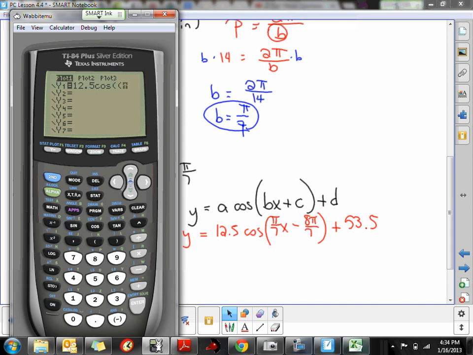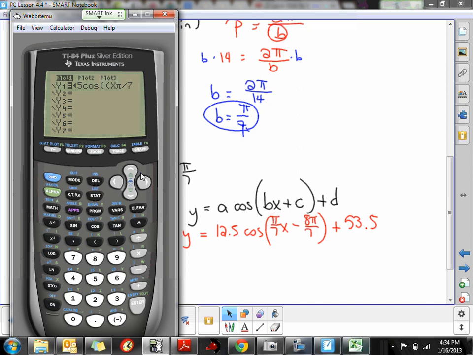I can't see it. Pi, I think that's it. 7, so divided by 7. X, so times x. I think I'm going to put that x in with the pi, so I'm going to go second, insert, x. So that's pi times x divided by 7, which is pi sevenths x.